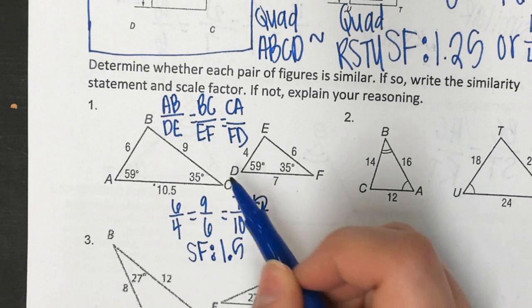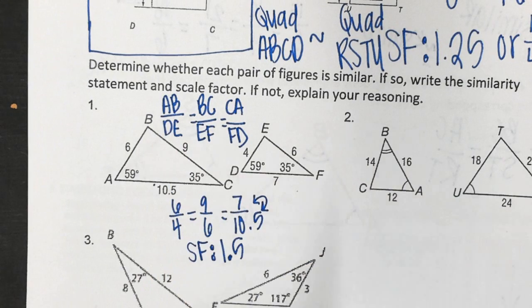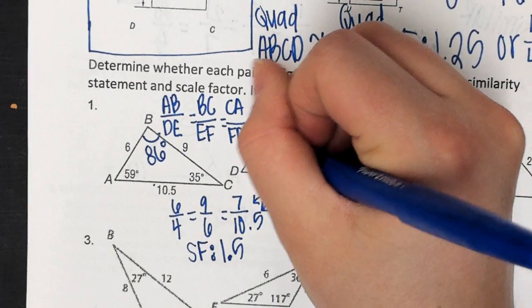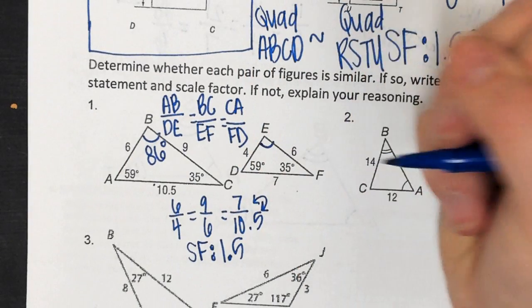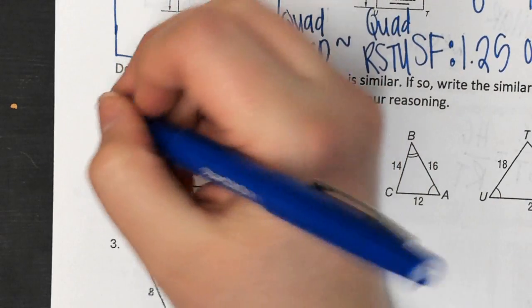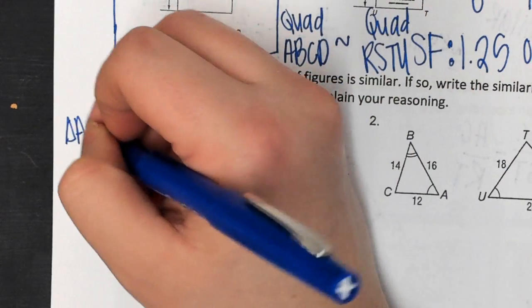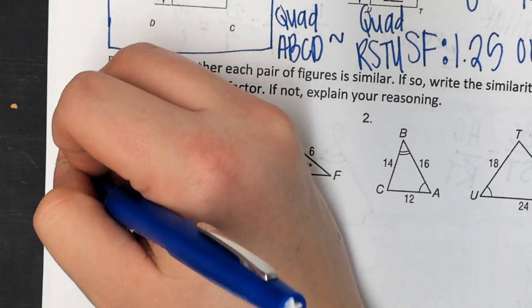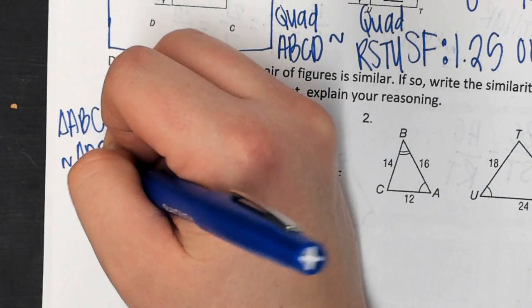If that's 59 and that's 35, can I find B? 180 minus 59 minus 35. So this one would be 86. Well, if that's 86, so is this, right? It's the same angles. Therefore, triangle ABC is similar to triangle DEF.